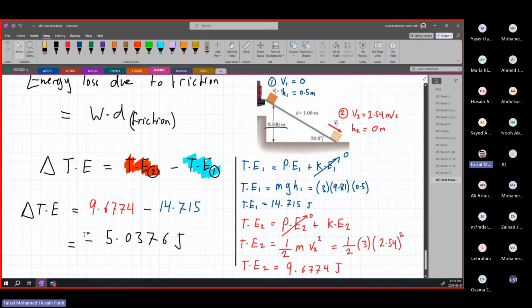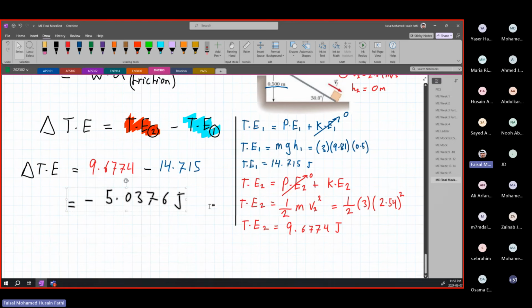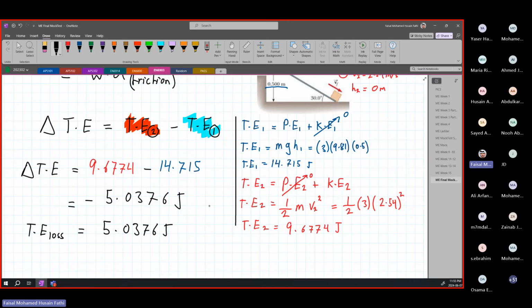Remember, what does this minus mean? It just says that this is an energy loss. So if you want to reword it, the total energy lost is equal to 5.0376 joules. That's basically it. So now we have found our total energy lost.